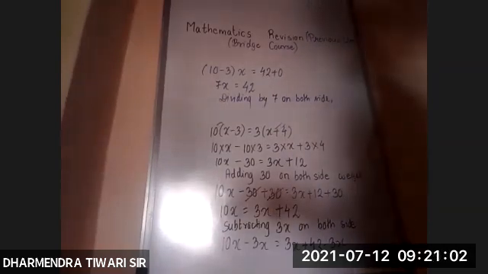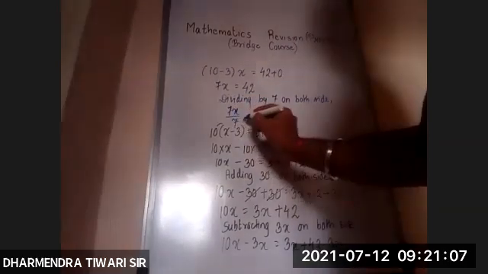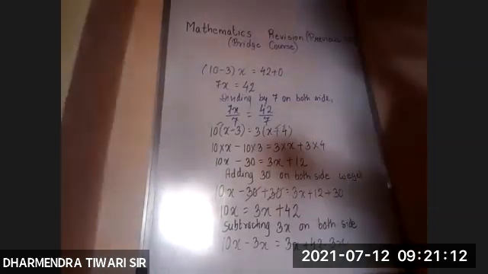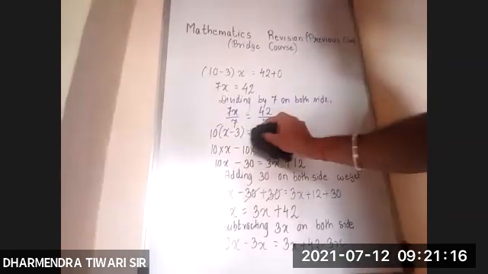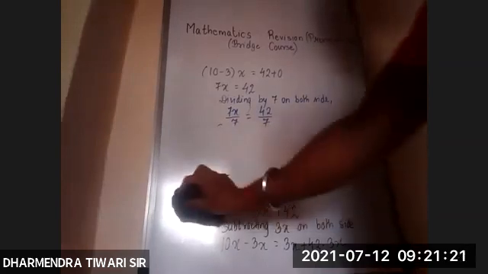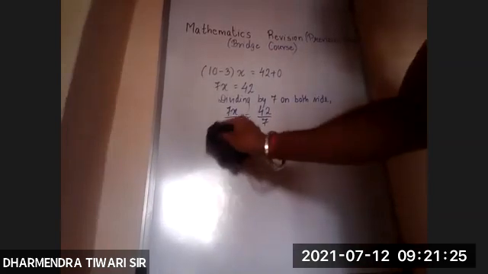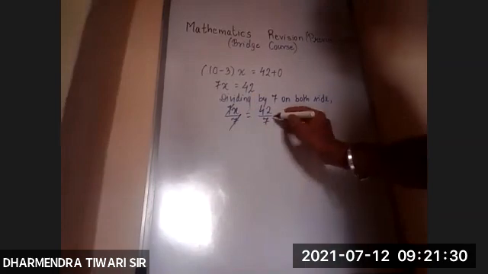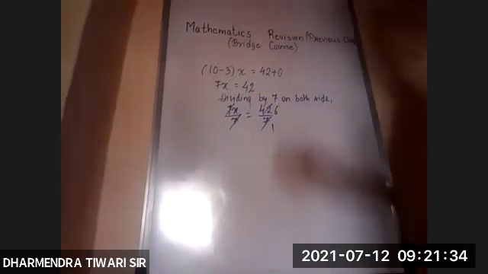So what we will get, 7x divided by 7, 42 divided by 7. Seven gets cancelled. 7 ones are 7, 6 7s are 42.